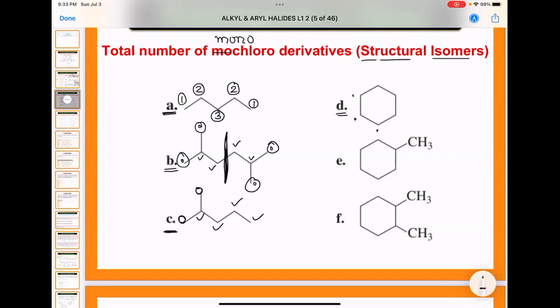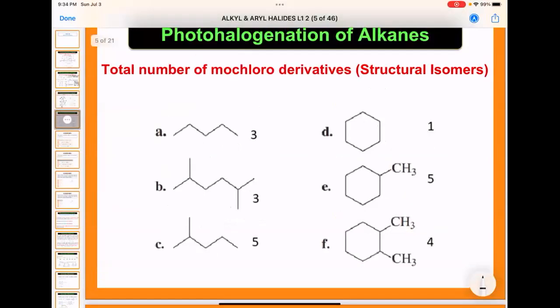So 4 at these positions, and the fifth one will be either of these two methyls. Anyone you can choose to put Cl. So total 5. I hope everybody is agreeing with this, right? Can you explain? So just check the answer. Clear?